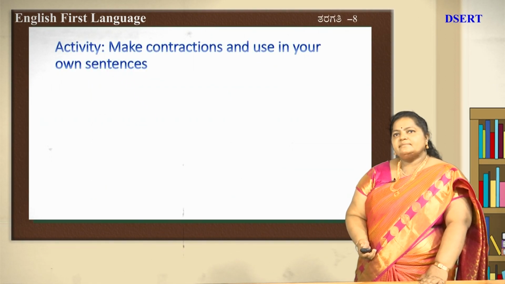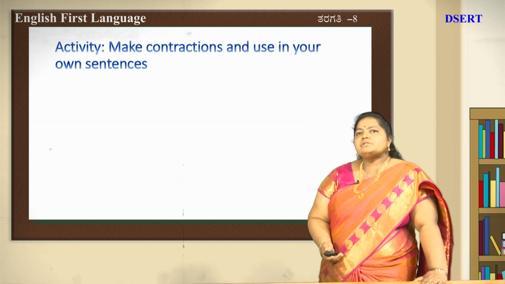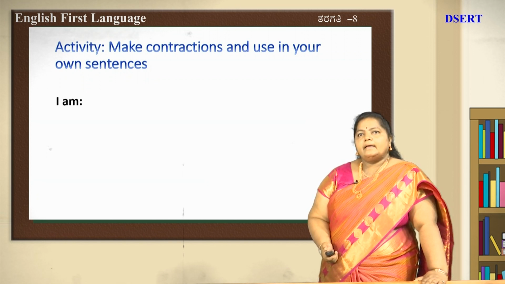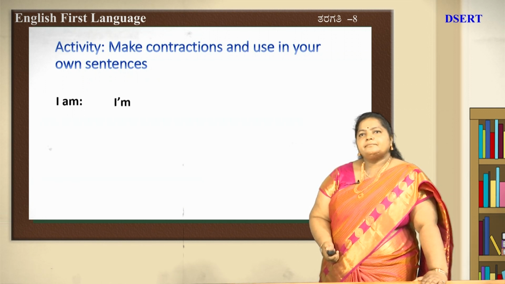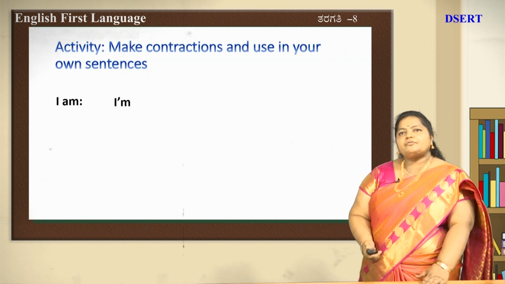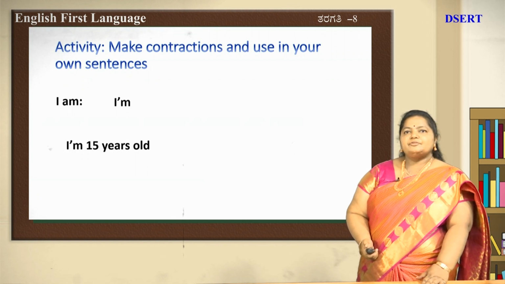It's an activity. Make contractions and use them in your own sentences. I am. How can we contract I am? Yes, right, I'm. So let us make use of I'm in a sentence. I'm 15 years old.